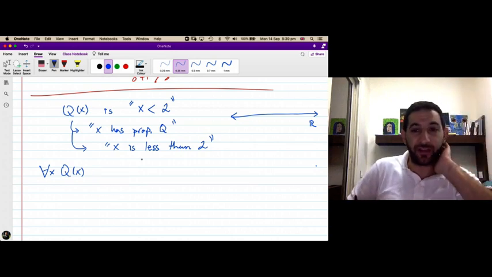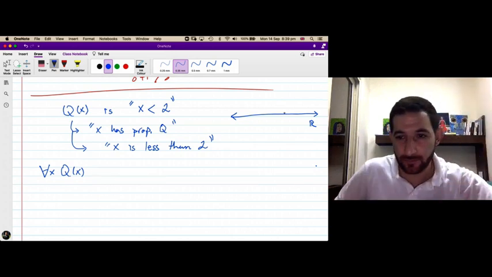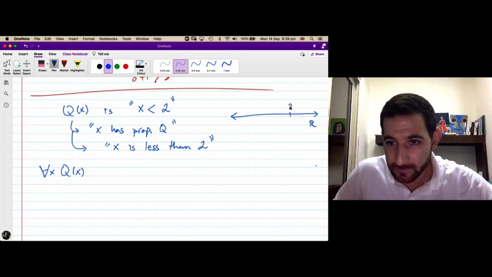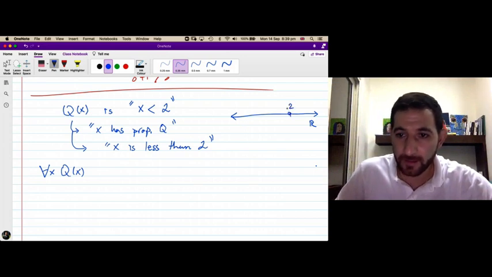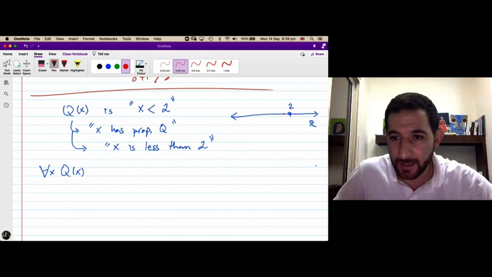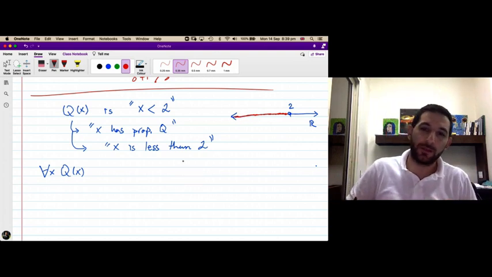It's true if every element in the domain is less than 2. So here is 2, and we look at all the elements in the red shaded part, because these are all the numbers less than 2. Now, this means that not every element is less than 2.